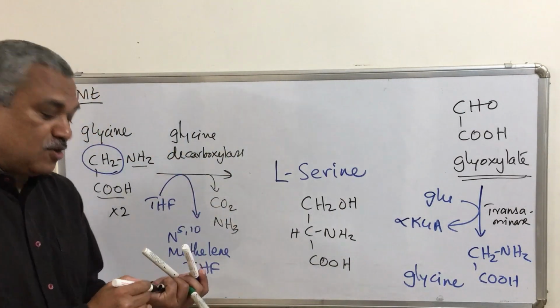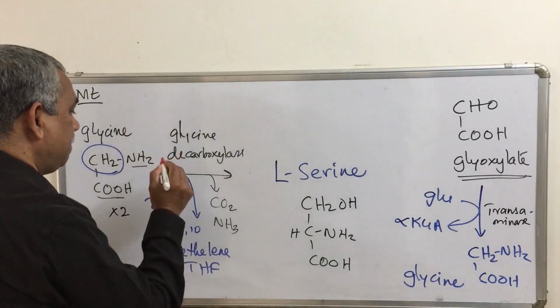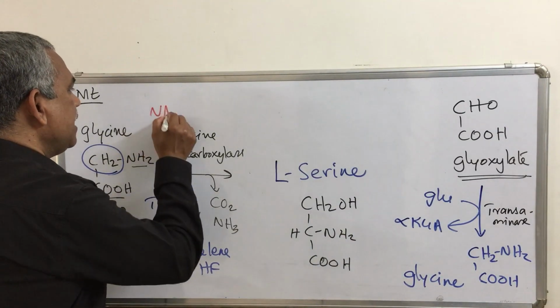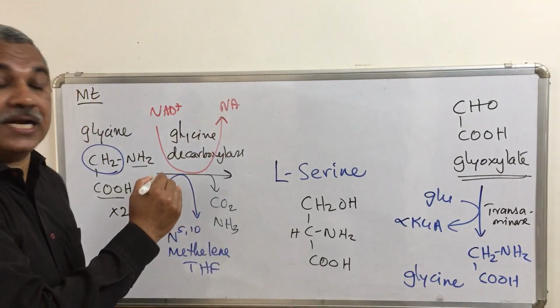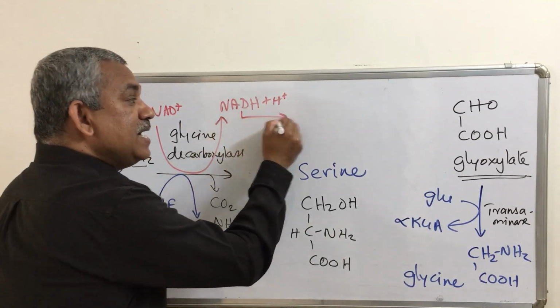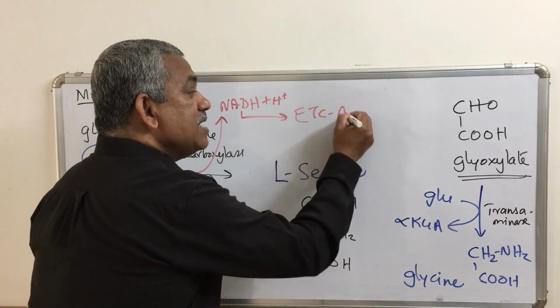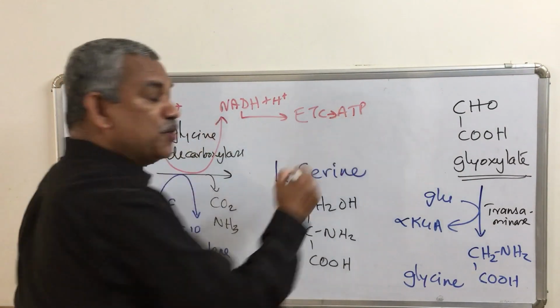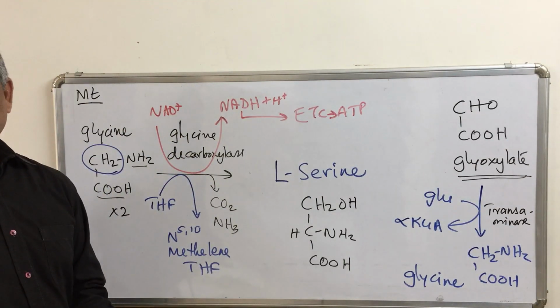Now this reaction also requires one NAD plus, which is reduced to NADH plus H plus, and this NADH will enter the electron transport chain and ATP molecules will be produced, because all these are happening in the mitochondria.